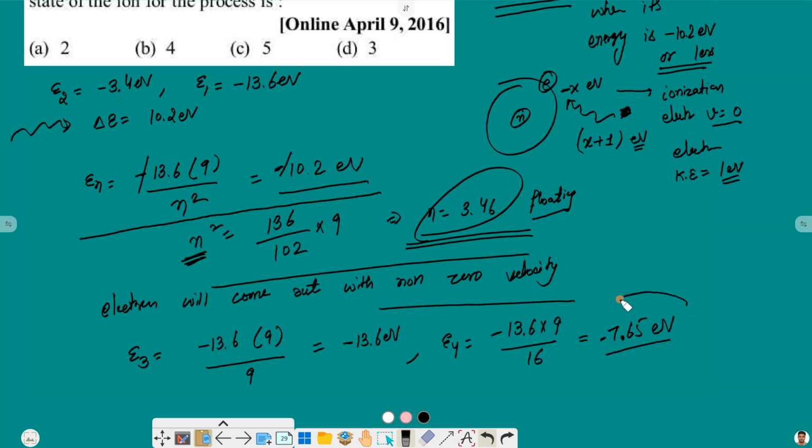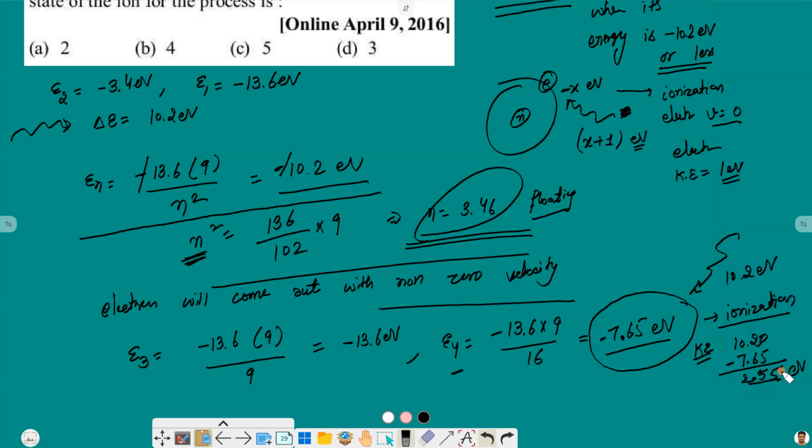So an electron in the fourth orbit can absorb a photon of 10.2 electron volt and get ionized, and it will come out with kinetic energy of 10.2 minus 7.65, which is 2.55 electron volt.